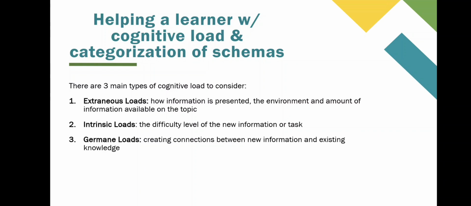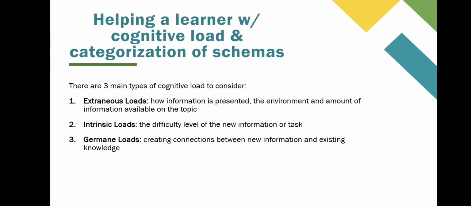You have intrinsic load, which refers to the level of difficulty or the level of challenge that is presented in the new information or task. In other words, will the learner feel an information overload? Will there be too much information provided or too complex of information provided for the learner on any given topic?